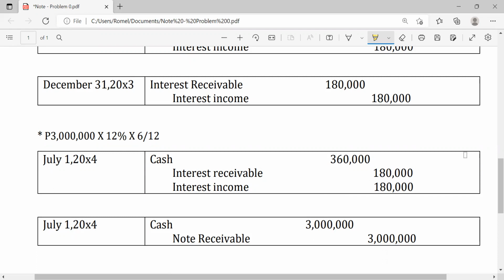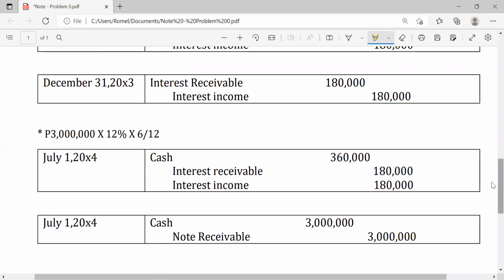So as you can observe, pag simple interest, the same journal entries lang pag simple interest and interest-bearing note. And finally, sa July 1, 20x4, we will collect the principal. Makokolekta na natin ang principal worth 3 million pesos. Because of that, we will debit cash 3 million pesos, credit note receivable 3 million pesos.